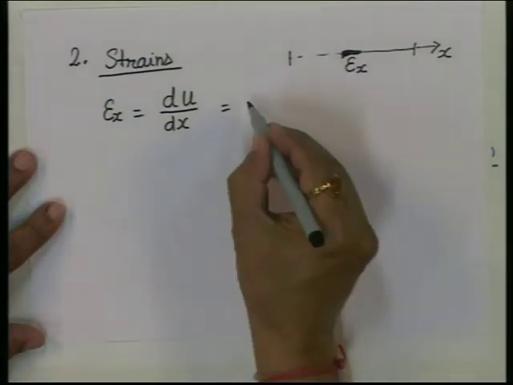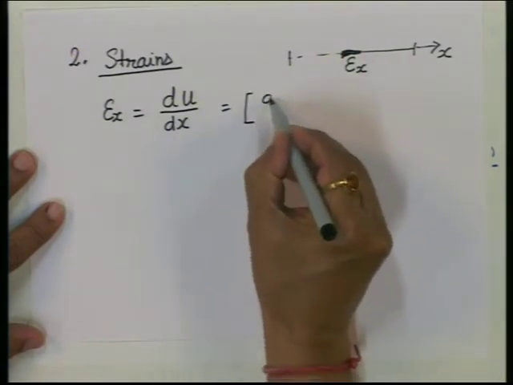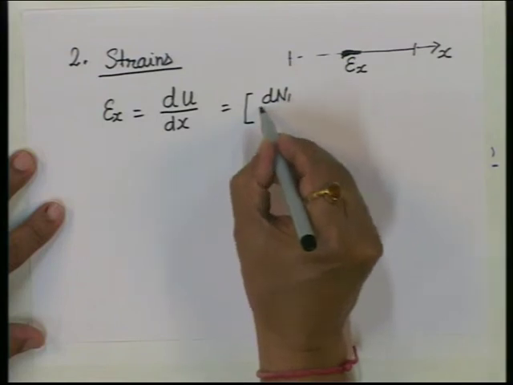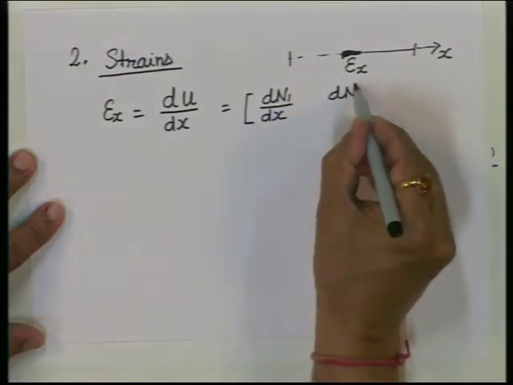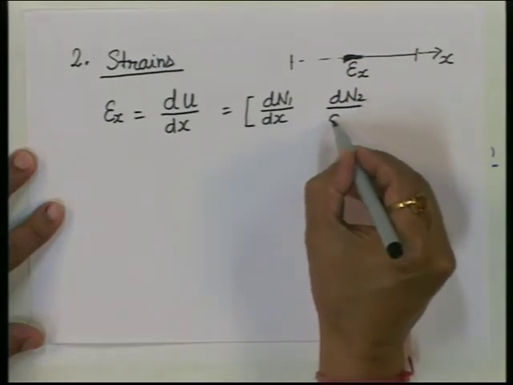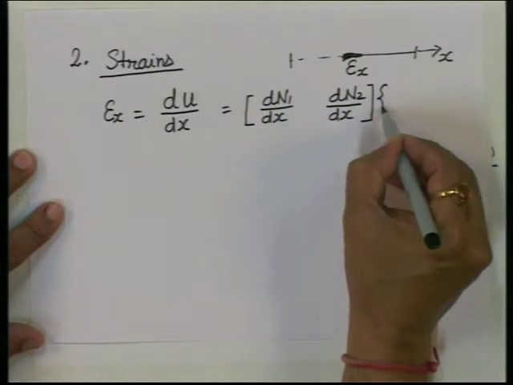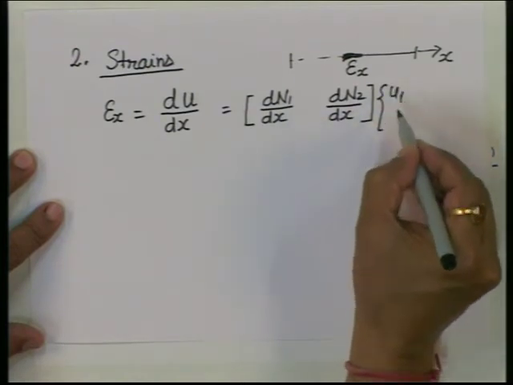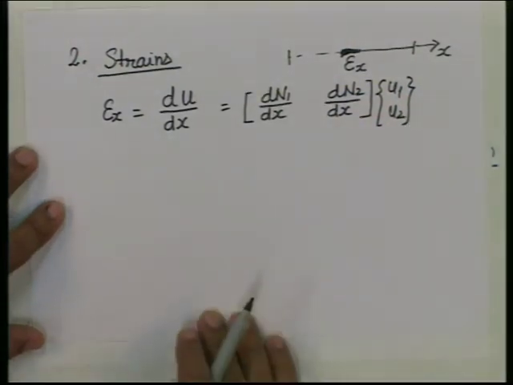So, I can write down here directly, dn1 by dx, dn2 by dx, times u1, u2.